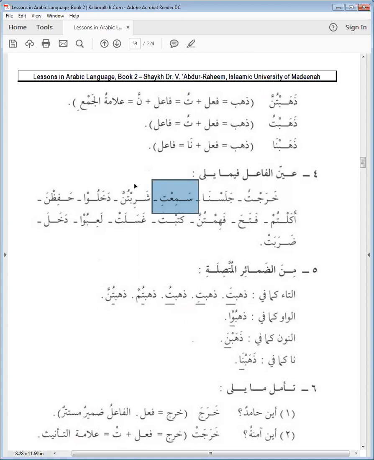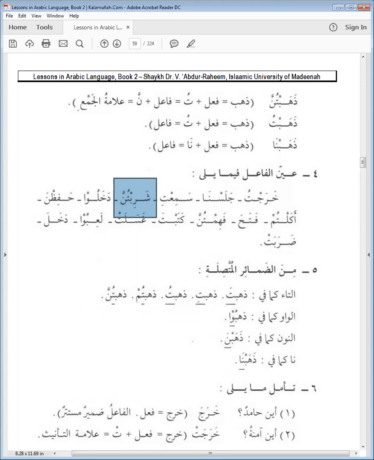Next one. Any volunteers? Sharibtunna. Sharib. Assalamu alaikum. Shariba would be the verb, and the tunna will be the fa'il. Shariba is the verb. All right.